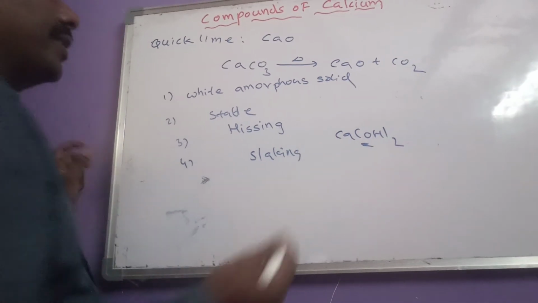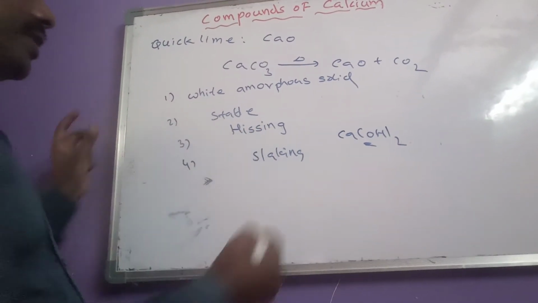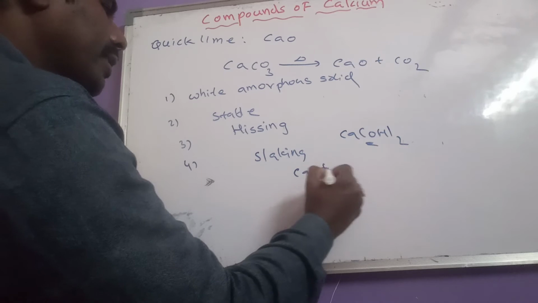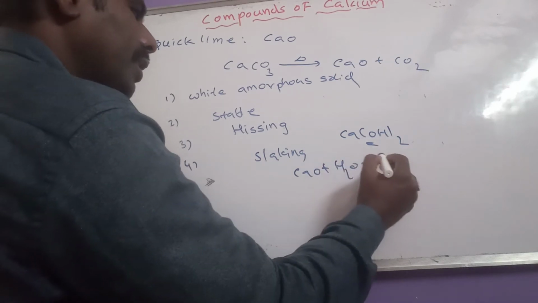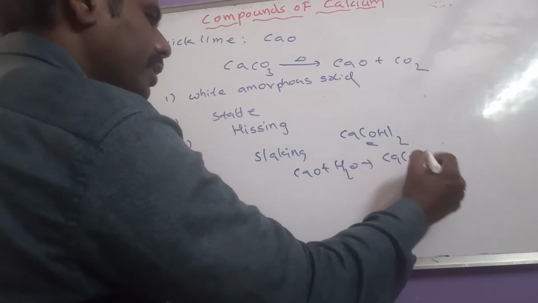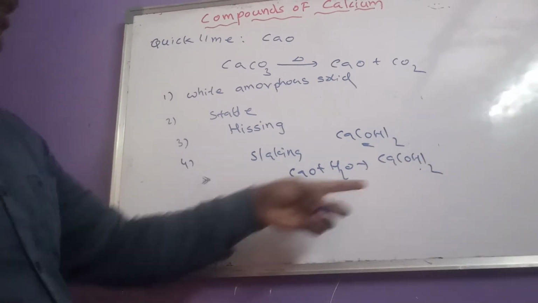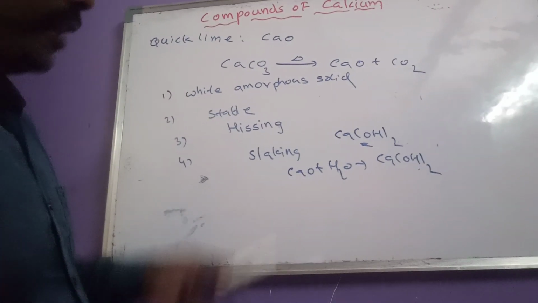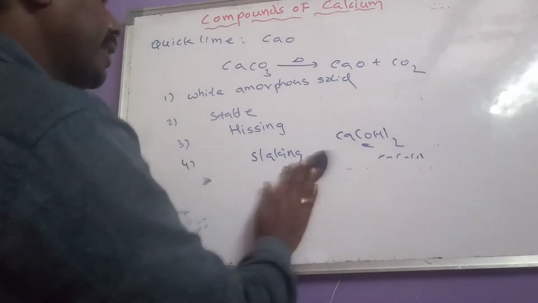Ca(OH)2 is formed when CaO is dissolved in water. CaO plus water gives Ca(OH)2. It is known as slaked lime, and this process is called the slaking process.